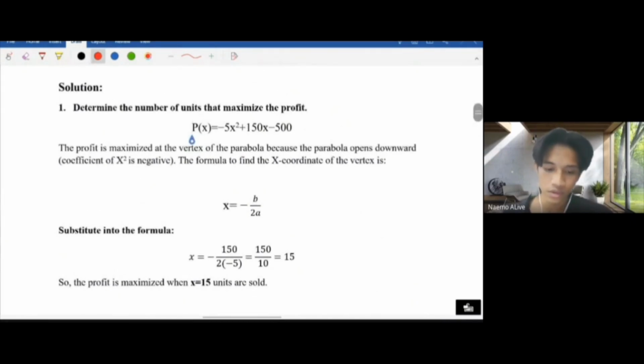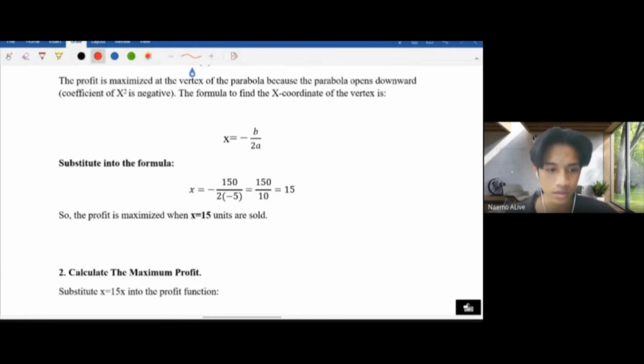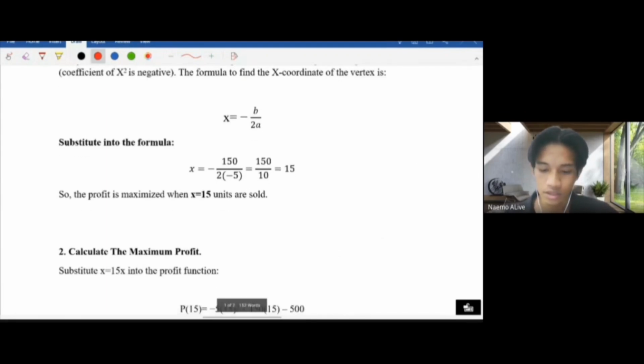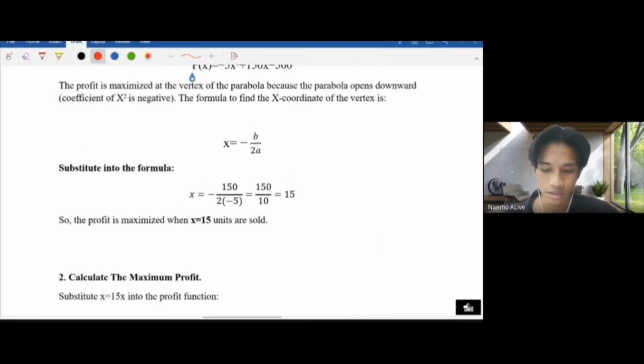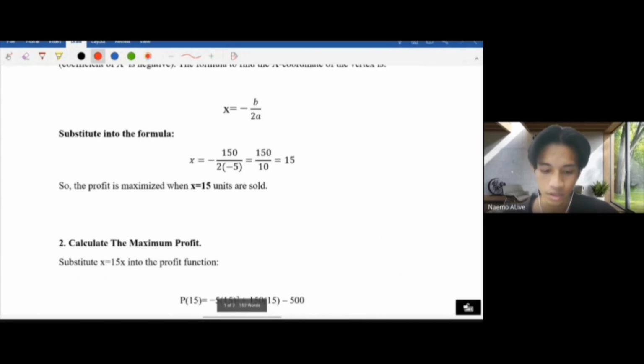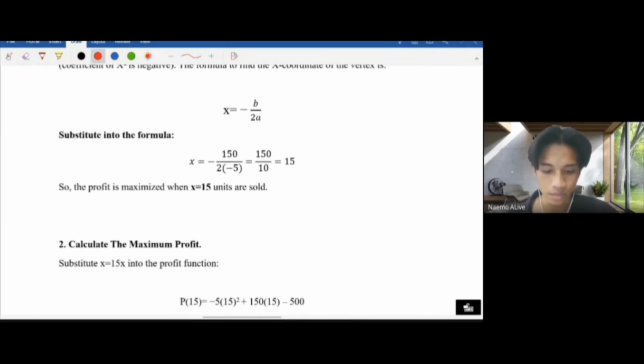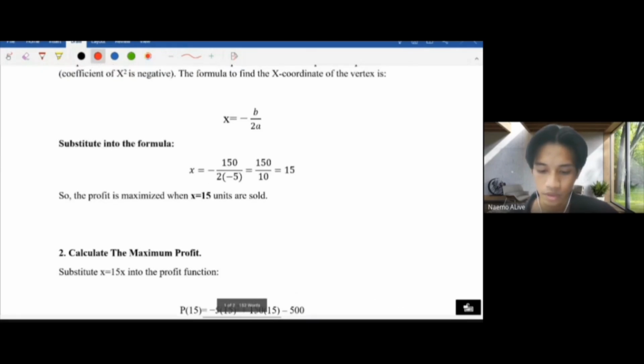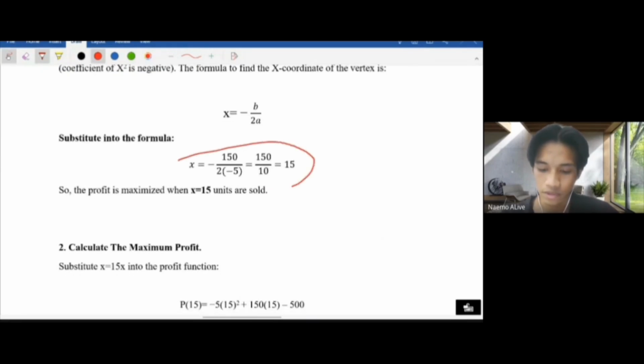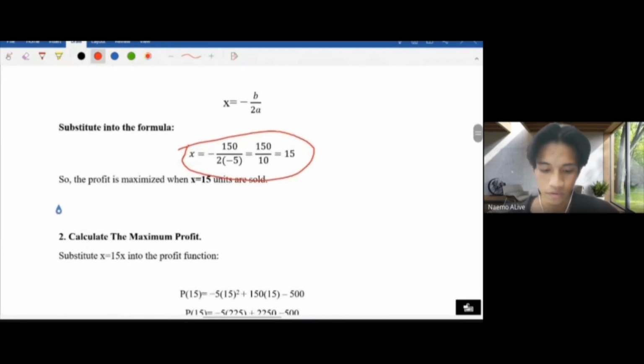So for the solution, the formula to find the x coordinate of the vertex is x equals minus b over 2a. We substitute into the formula, and so the profit is maximized when x equals 5 units are sold.